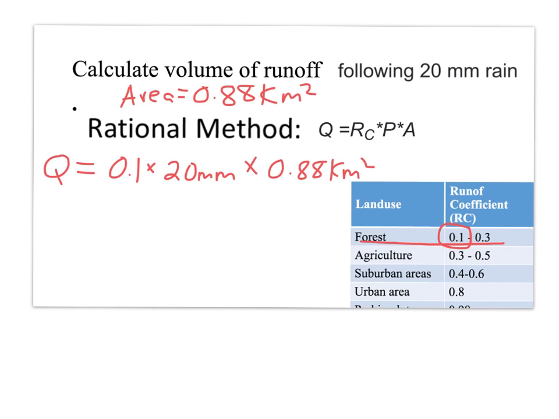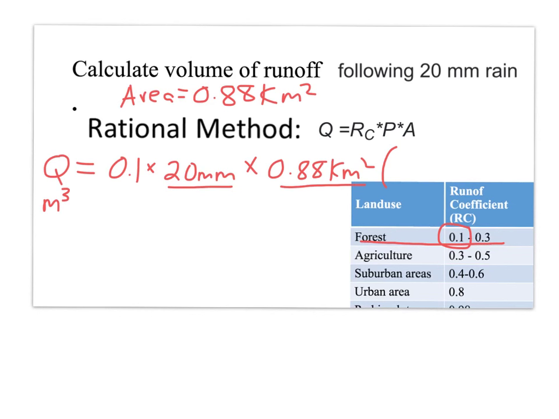But I'm multiplying millimeters by kilometers squared, so what units will I end up with? Generally we want our answer in meters cubed, a reasonable unit for a volume of water. So I'm going to convert my millimeters into meters and my kilometers squared into meters squared, using these unit conversion terms.